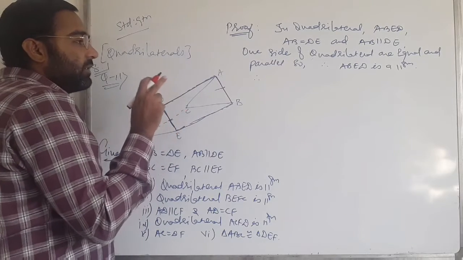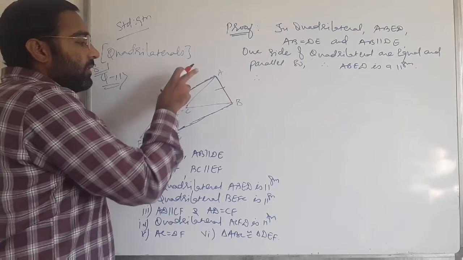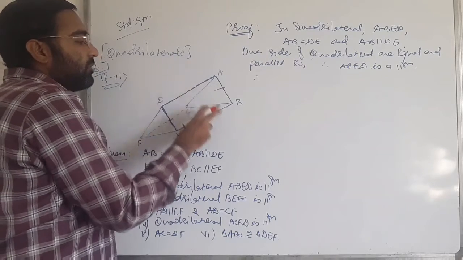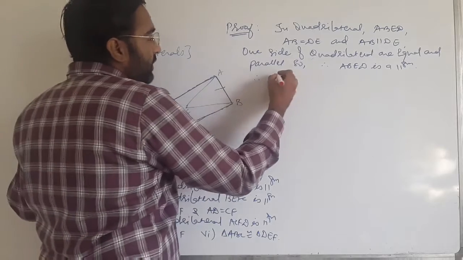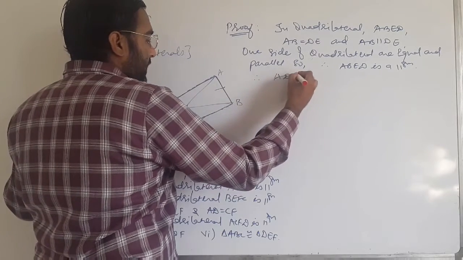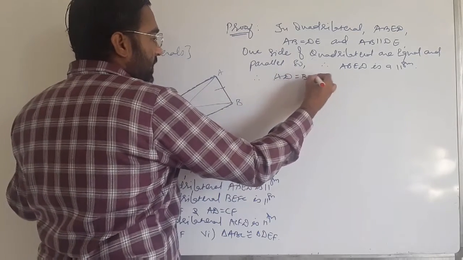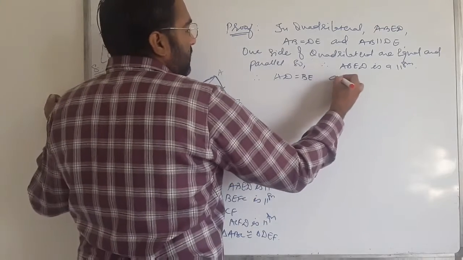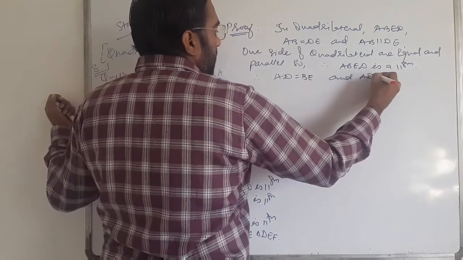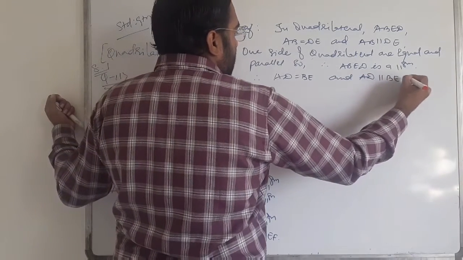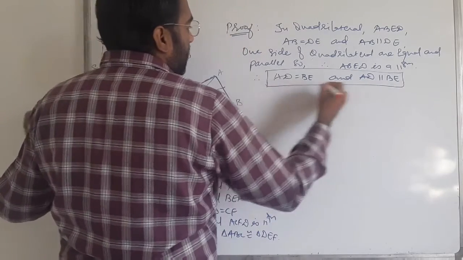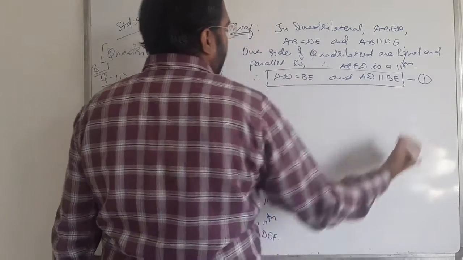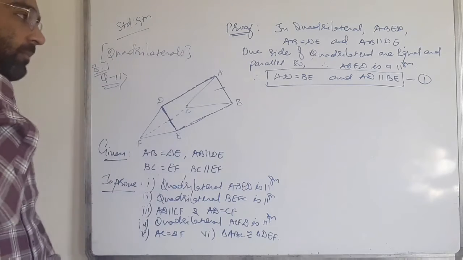So by this parallelogram, the other sides are also parallel and equal. So AD and BE we have to write: AD is equal to BE and AD is parallel to BE. Therefore the other sides of the parallelogram are equal and parallel, and we call this equation 1.